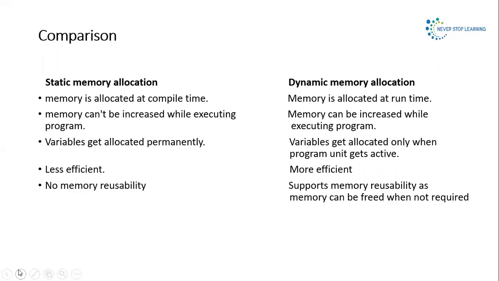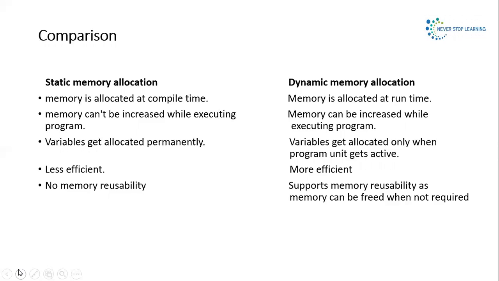In static memory allocation, variables get allocated permanently. There is no way you can free the space. Whereas in dynamic memory allocation, variables get allocated only when the program unit gets activated, when you are running that particular unit. So static memory allocation is less efficient, and dynamic memory allocation, obviously, is more efficient.